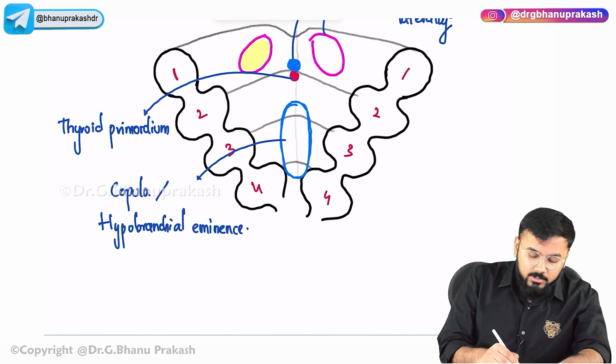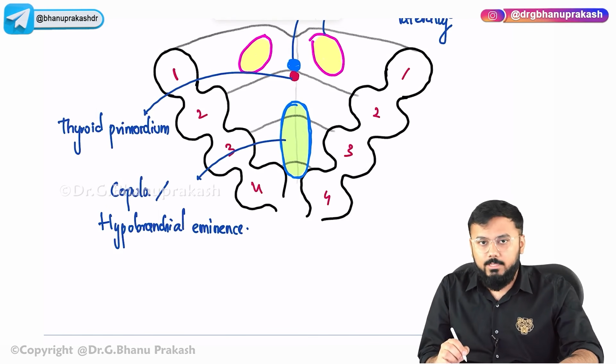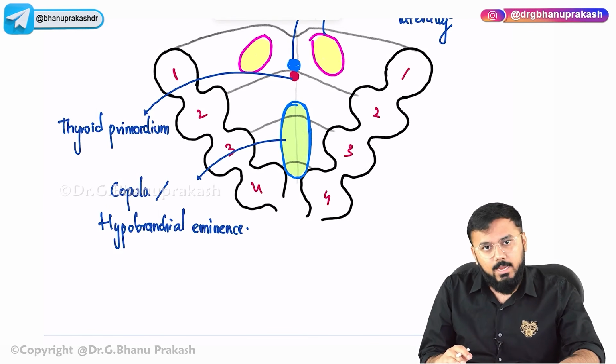So this is one structure, this is another structure, and here you have a third structure called the copula or hypobranchial eminence.